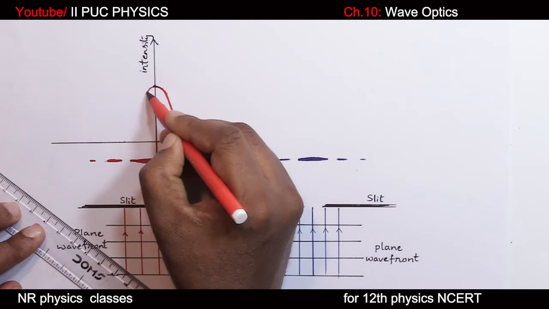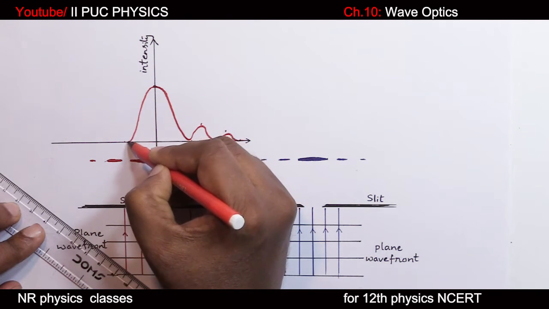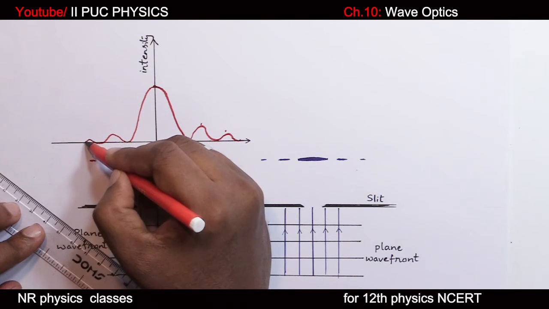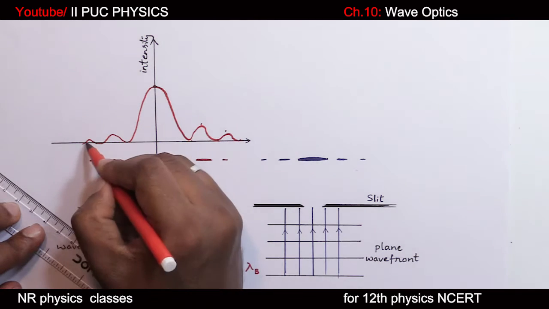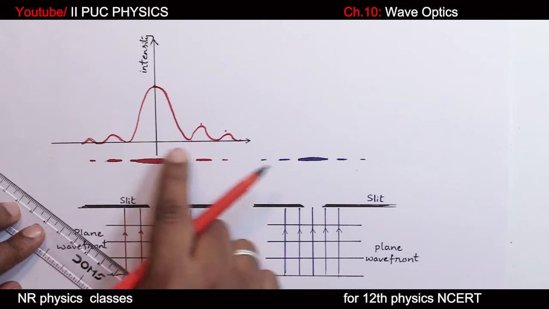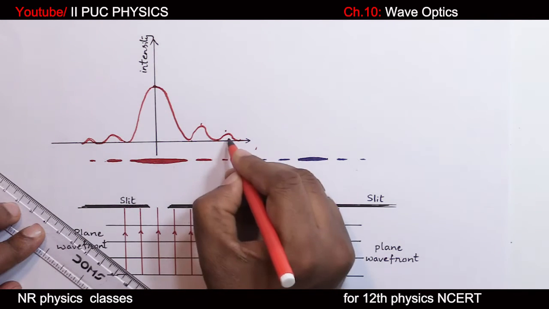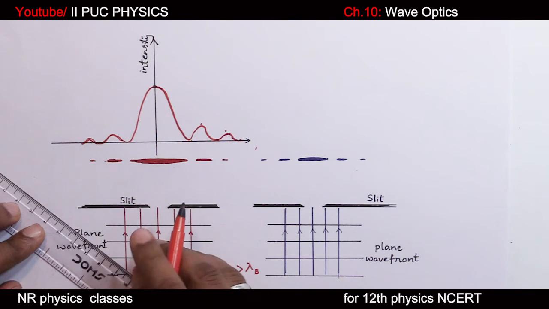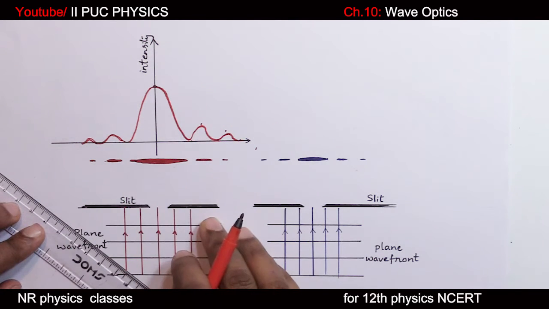On the other side also, intensity decreases, then intensity is more, again decreases. If you draw carefully, then height of this should be same as height of this. For time being, this is sufficient.